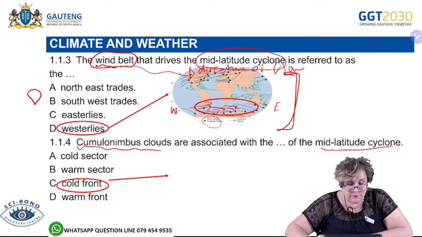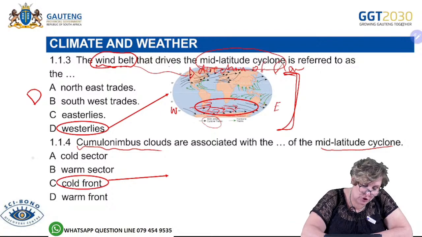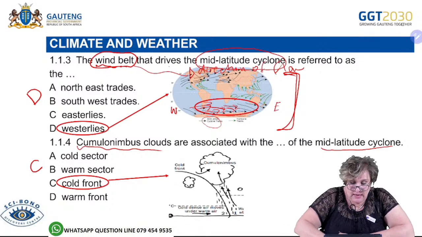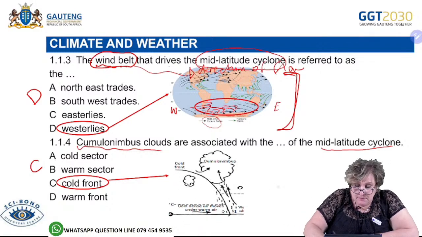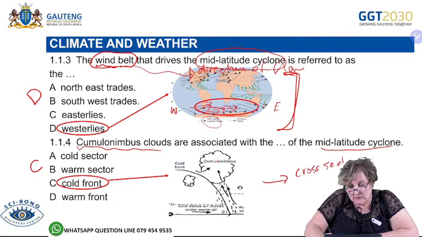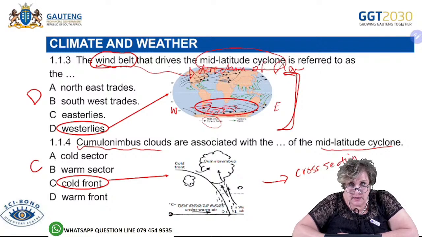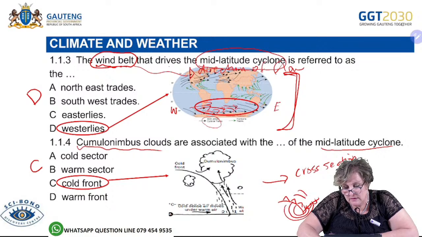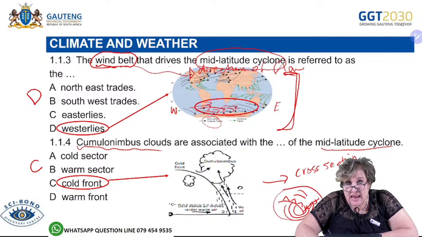114 belongs to C, a cold front. Why? Here's my diagram. Remember, this is a cross section. We saw that now in the prelim. If your diagram looks like this, it is an aerial view.